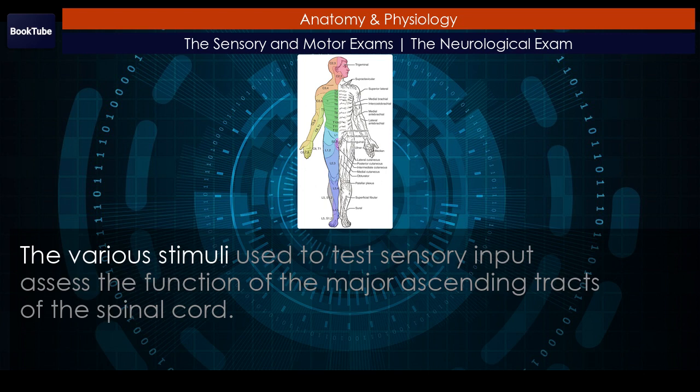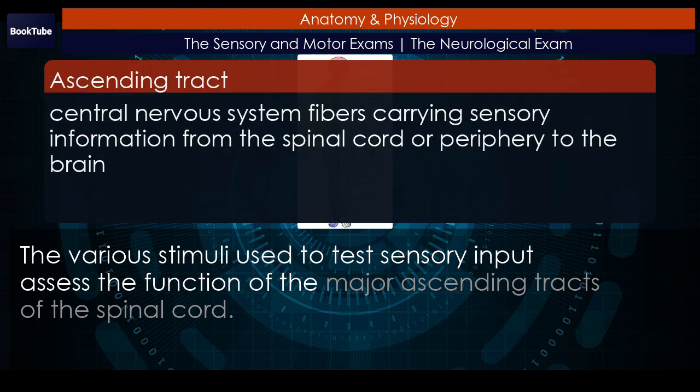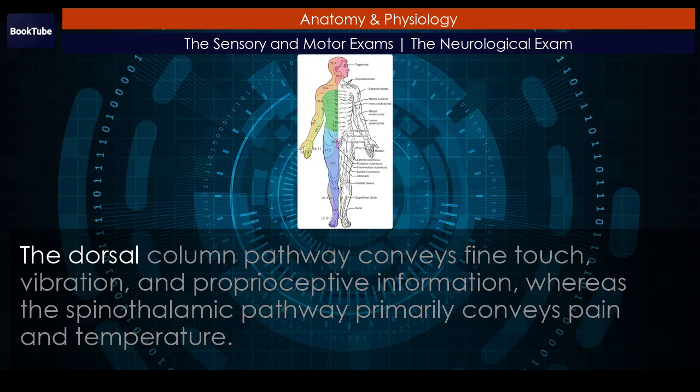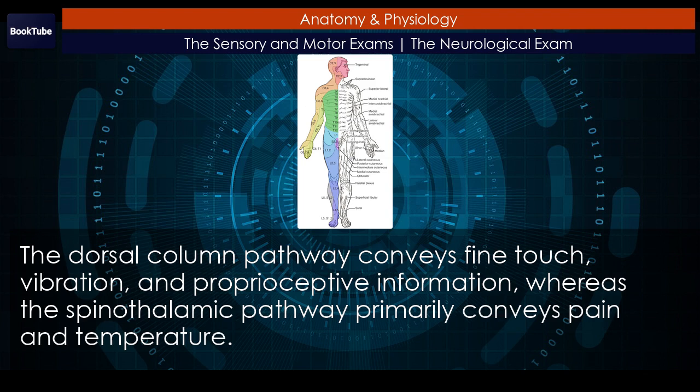The various stimuli used to test sensory input assess the function of the major ascending tracts of the spinal cord. The dorsal column pathway conveys fine touch, vibration, and proprioceptive information, whereas the spinothalamic pathway primarily conveys pain and temperature.